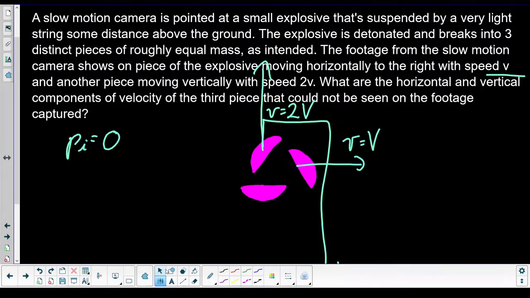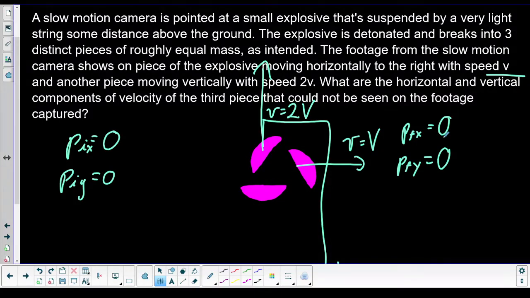Like all other vectors, you can break it into components, a vertical component and a horizontal component. It must be conserved in both directions. So the initial momentum in the x direction was 0. The initial momentum in the y direction was also 0. So that means our final momentums in the x and in the y directions must also be 0.